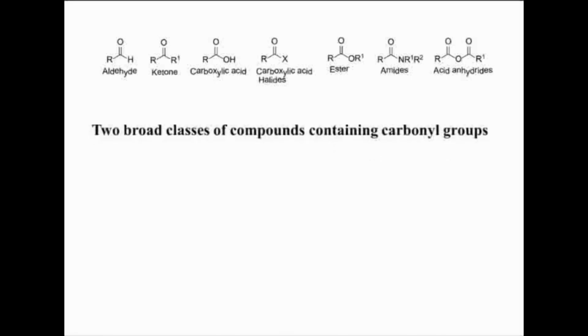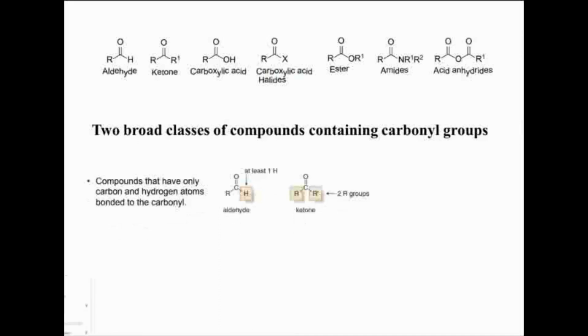Though we have a big list, these functional groups can be classified into 2 broad classes of compounds. The first one is aldehyde and ketone, where only alkyl groups or hydrogen are present on both sides of the carbonyl compound. In aldehyde, you have an alkyl group and hydrogen. In ketone, we have 2 alkyl groups.